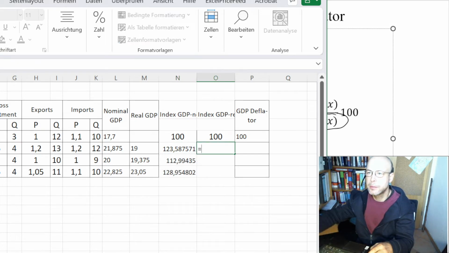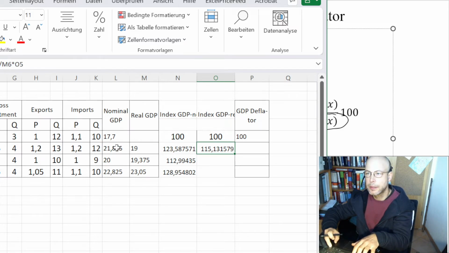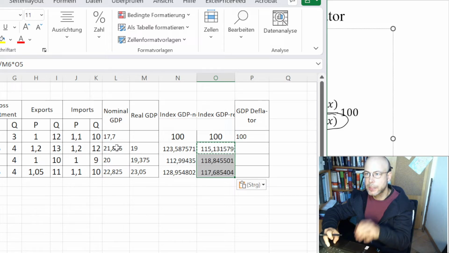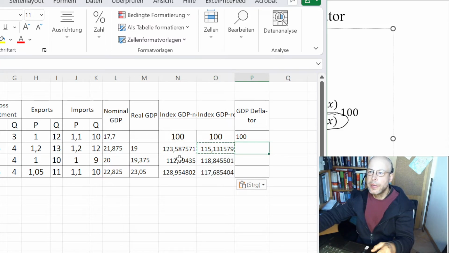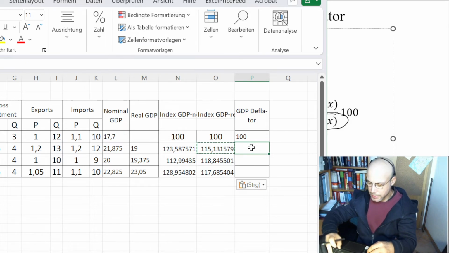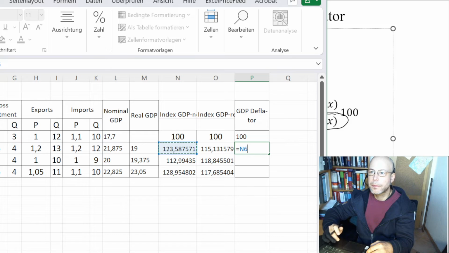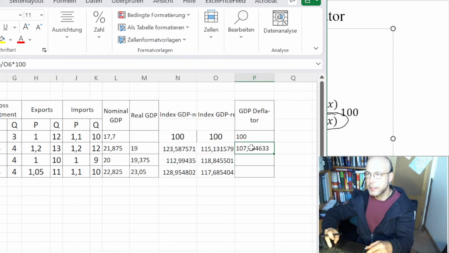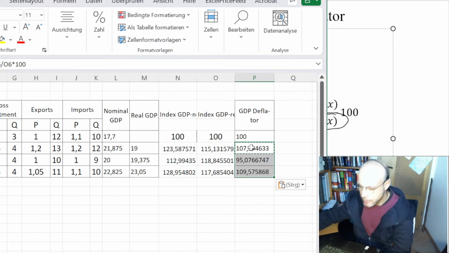So we obtain nominal GDP divided by real GDP times our 100, moving this downwards, and then the relation between our two indices means nominal divided by real times 100 is our GDP deflator.